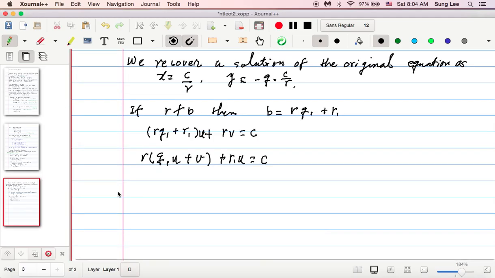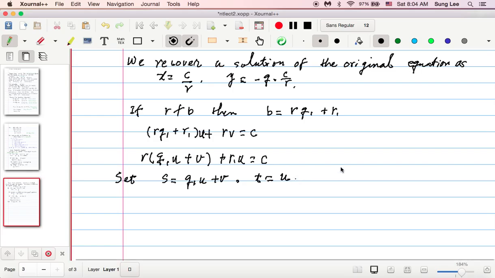Here we introduce new variables s and t. Set s equal to q1 u plus v, and t equal to u.